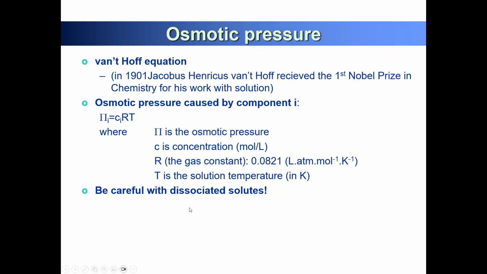We have to be careful about dissociated solutes. For example, sodium chloride has two dissociated solutes, so you have two ions, right? So concentration is multiplied by two ions.